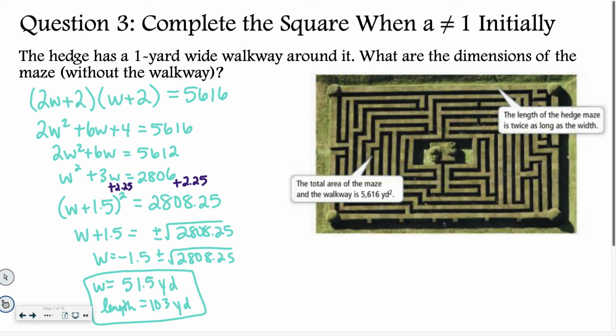Then I took the square root of both sides and did the plus or minus. I subtracted the 1.5 from both sides, and I was left with a positive 51.5 yards as the reasonable answer for the width. And then the length would be twice that, so 103 yards.